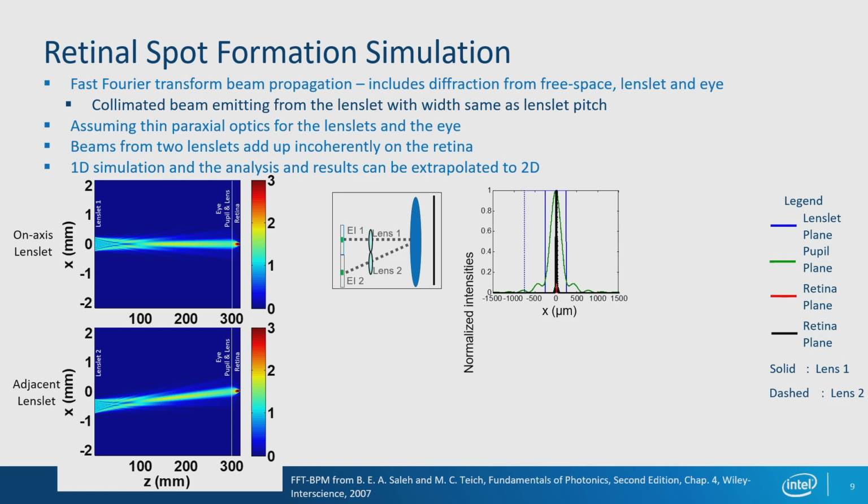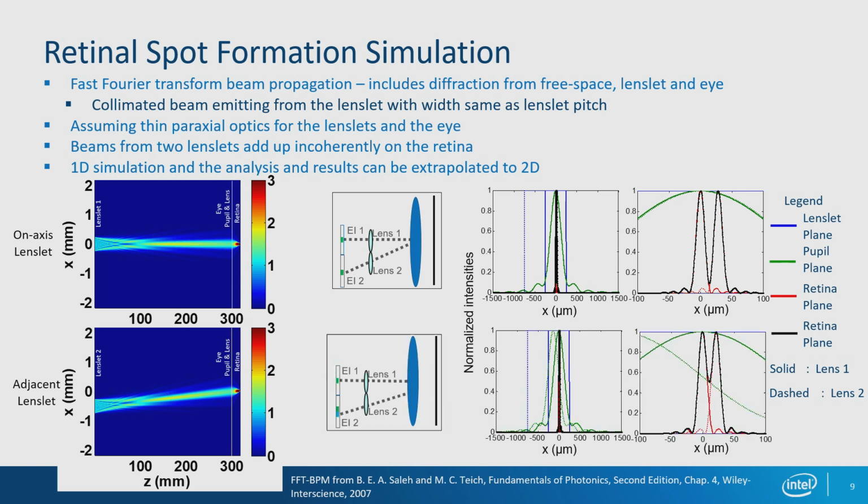The green is the pupil plane, the blue is the lenslet plane, and then red and black are the retina plane. Here what I see is that on the pupil, both these beams land on top of each other. That means they are coming from the same view, and they form 2 pixels. Essentially, these 2 rays are forming 2 pixels of the same view.